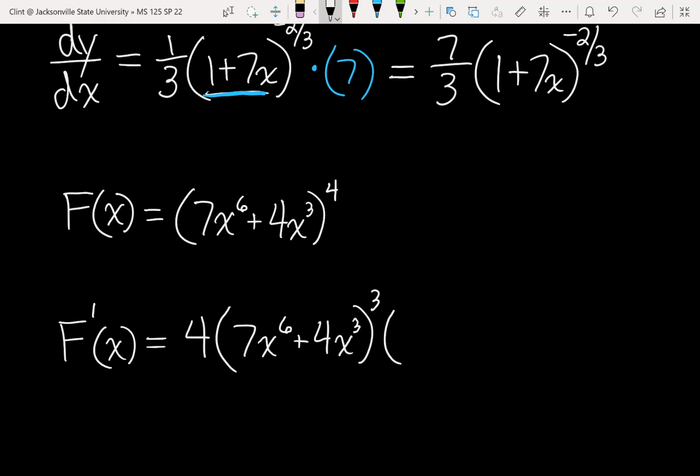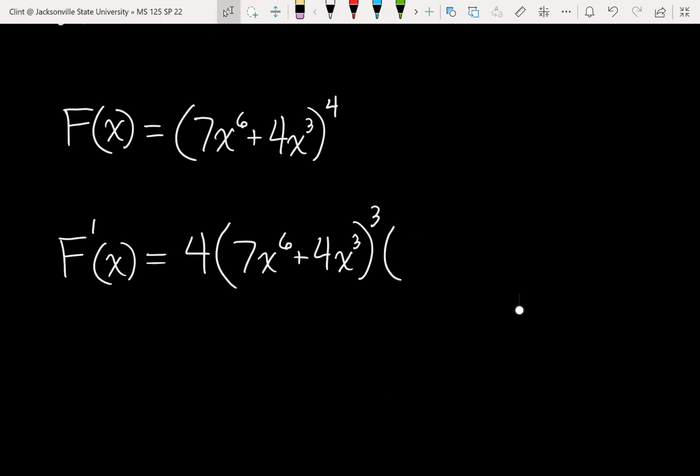This one's not quite as simple as the last one. 6 times 7, what's that one? 42. That was always a hard one for me to remember. And then subtract 1. And then 3 times 4 is 12. There's our derivative on that one.